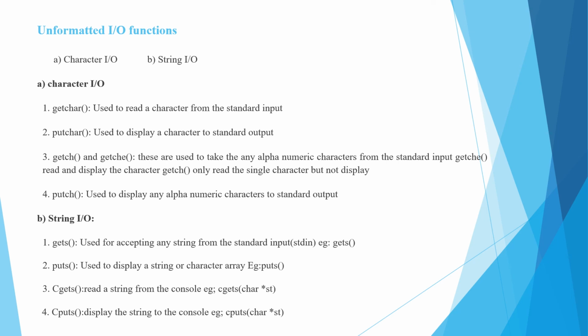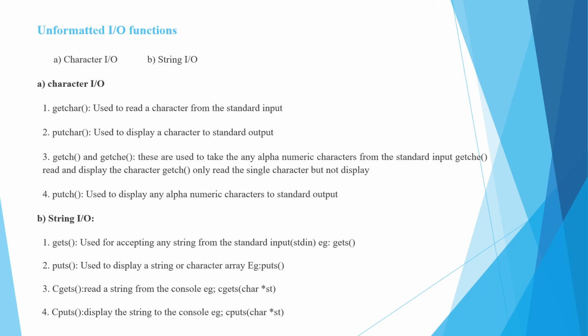The second function, putchar, is used to display any character to the output screen, the monitor. The third function, getch or getche, is used to take any alphanumeric character from the standard input. getche reads and displays the character, while getch only reads the single character but does not display it. putch is used to display any alphanumeric character to the standard output device.